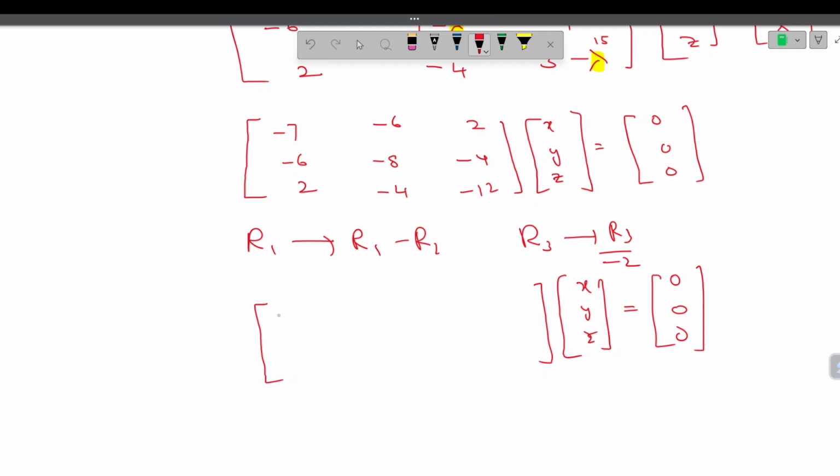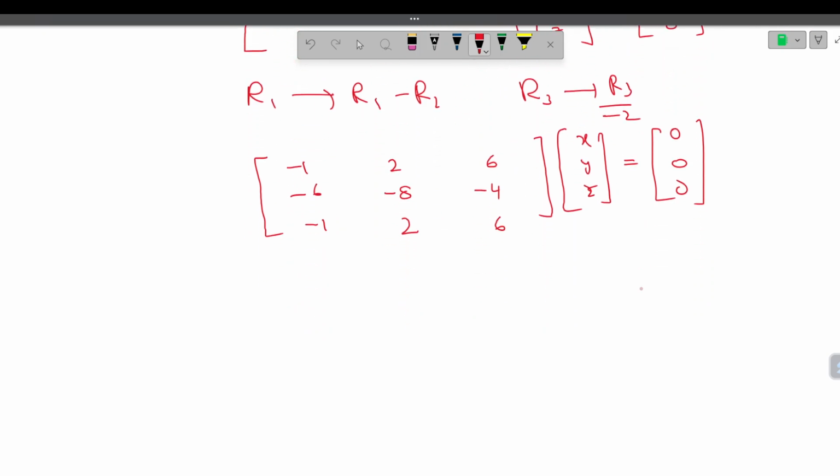So R1 minus R2: minus 7 plus 6 is minus 1, minus 6 minus of minus 8 is plus 2, 2 minus of minus 4 is 6. R2 is as it is. And R3 implies R3 by minus 2. So this is minus 1, minus 4 by minus 2 is 2, minus 12 by minus 2 is 6.